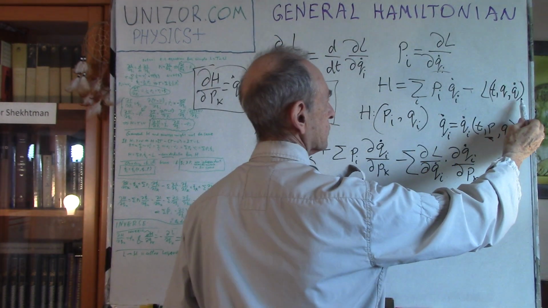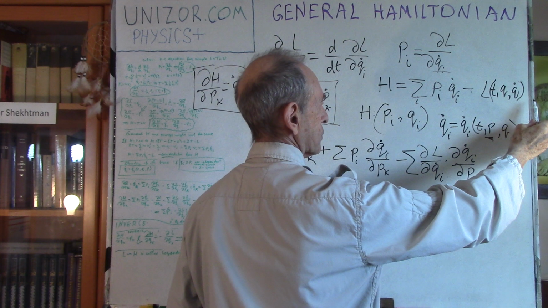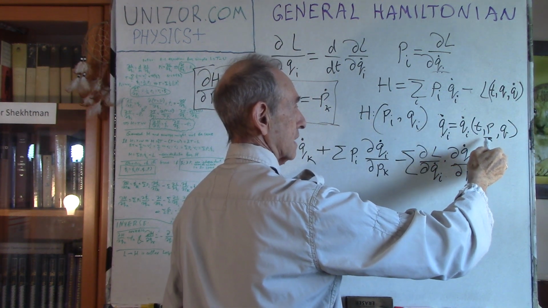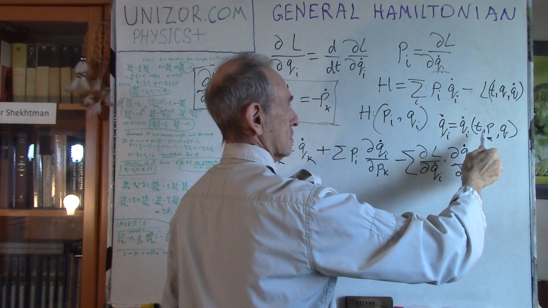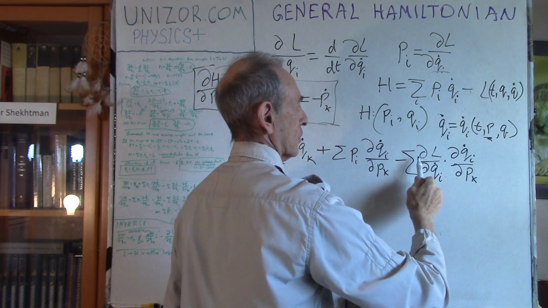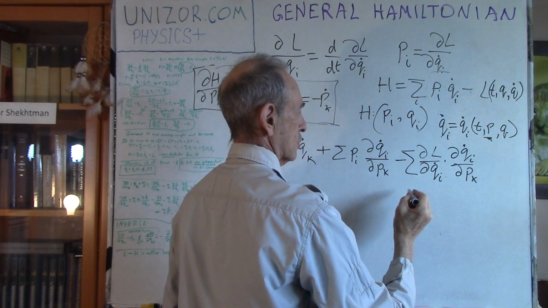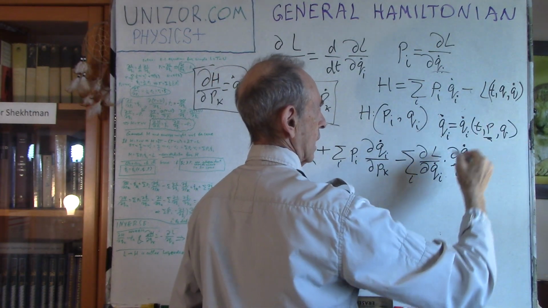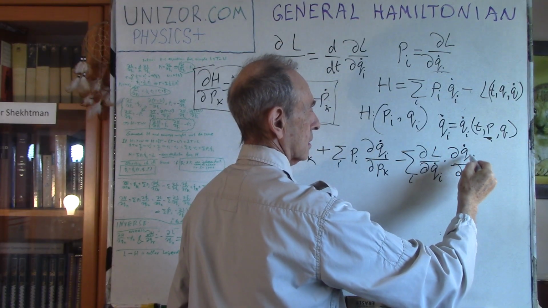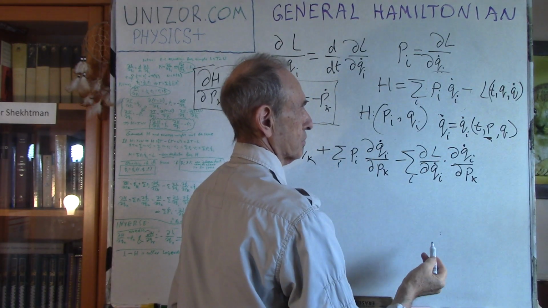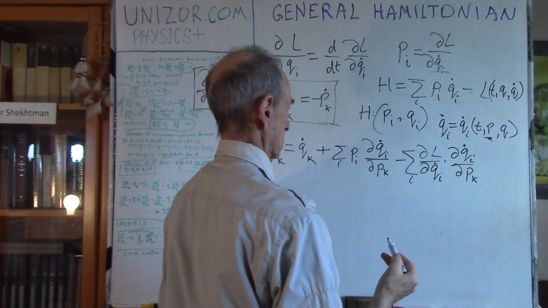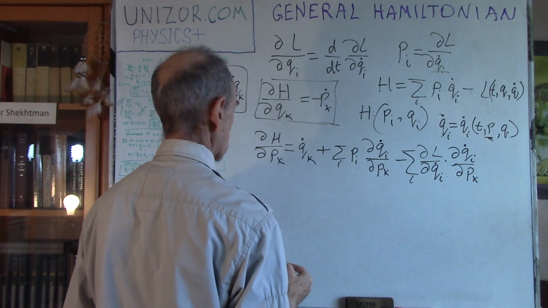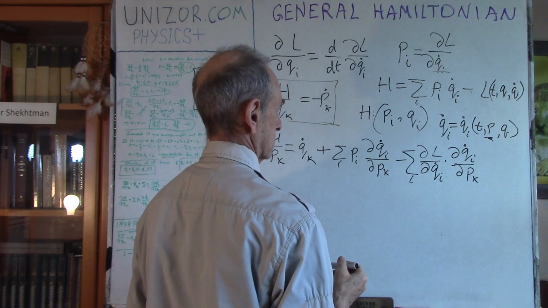So we have many different q's here, q1, q2, q3, etc. And there is a dependency on p in each one of them. So that's why I have to differentiate by each qi. This is the sum over each qi, and then from this qi dot differentiate by pk. This is the chain rule. Am I right? Let me check. Yes, looks like I'm right.